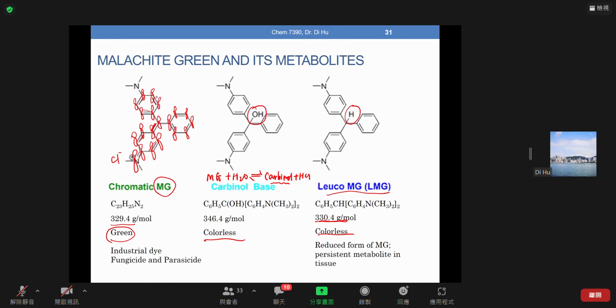So that's why we say that with more conjugation, the energy gap, which you should have learned last semester, from pi to pi antibonding, right? With more conjugation, the gap between the pi and pi antibonding orbital becomes smaller.